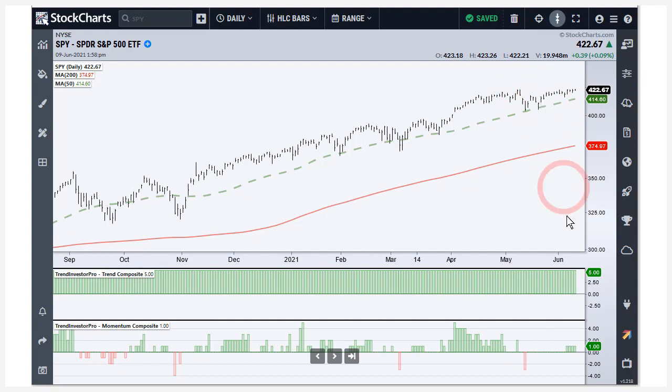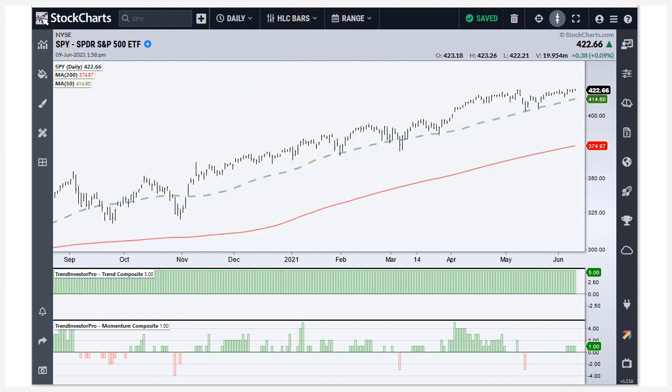The last kind of setup there was this pullback here that we had in May, where it formed a bit of a pennant because it was short term, and then we broke out. So, the breakout zone in the 50-day, if you close below 414.6, then that would negate that breakout.